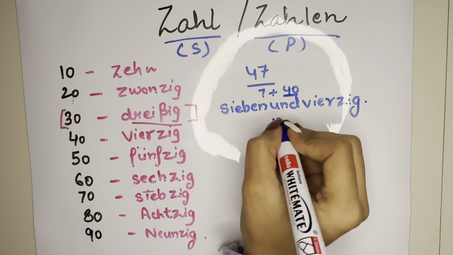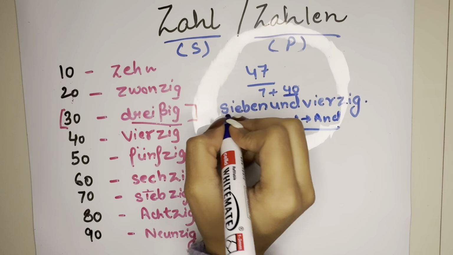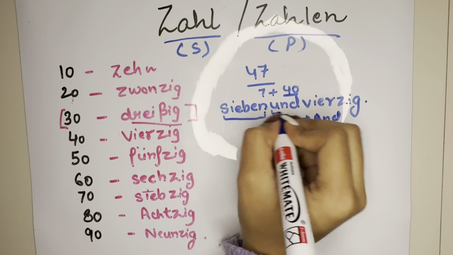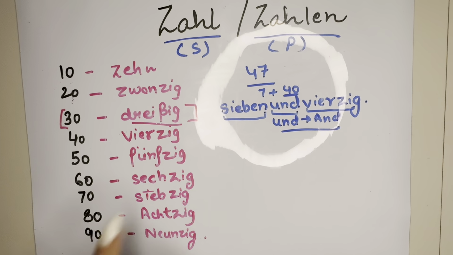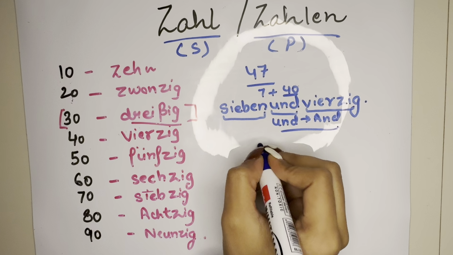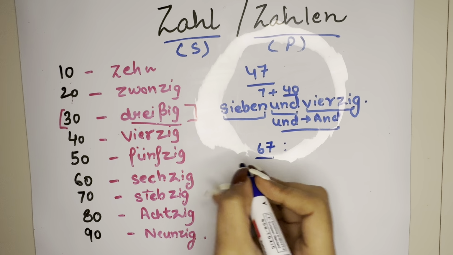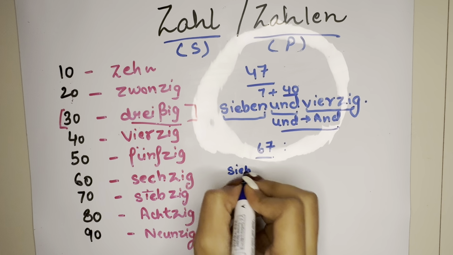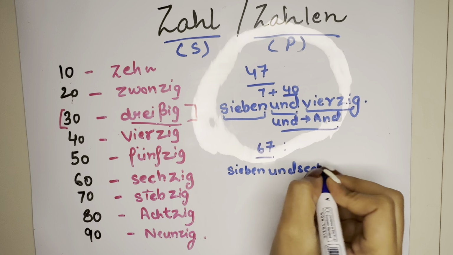Just to let you know, und means and. So you can see that the combining word in 7 and 40 is und. And this we saw in all the numbers, right? Now let's have a look at another example, 67. So it will be 7 und 60.